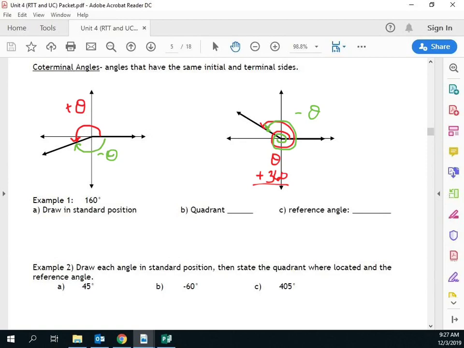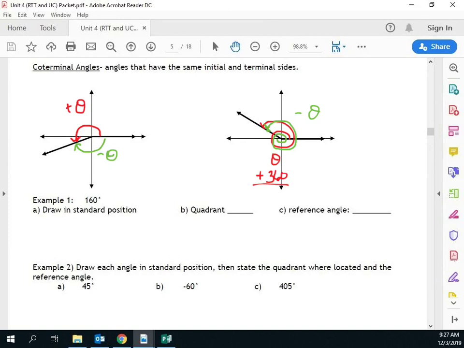Very simple. If I have 30 degrees as my angle, add 360 and get 390, that's a coterminal angle. They both start and end at the same spot. Ignore the fact that it goes completely around once. They're still ending at the same spot. Right? 30 degrees, add 360 gives you 390 degrees. Subtract 360.